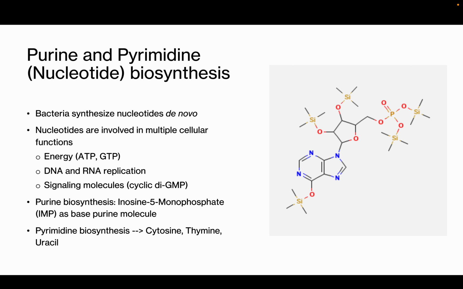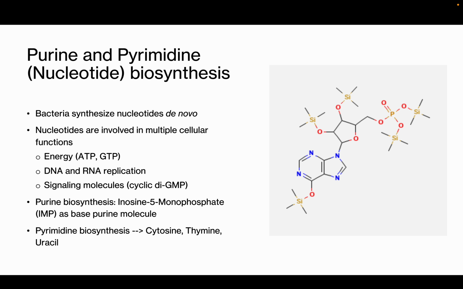So, for bacteria, purine and pyrimidine biosynthesis are processes that are not salvageable, meaning they are produced from the ground, from the raw materials to the final molecules. So bacteria synthesize nucleotides de novo.